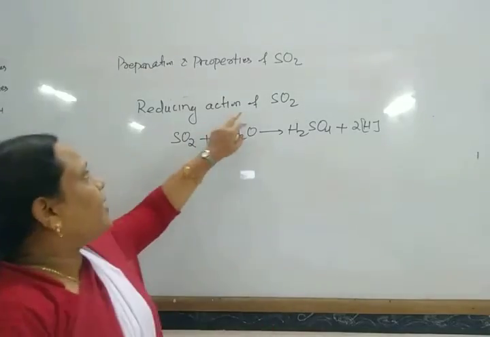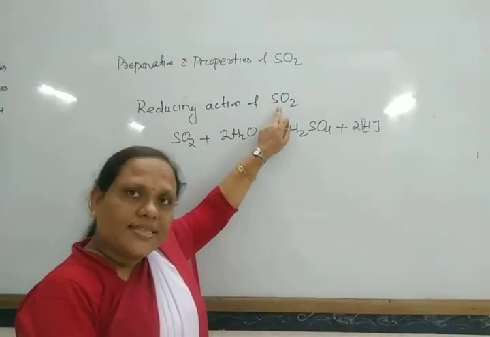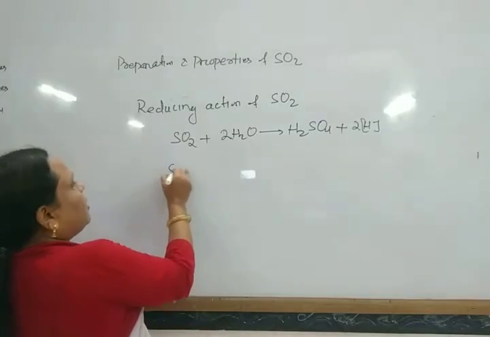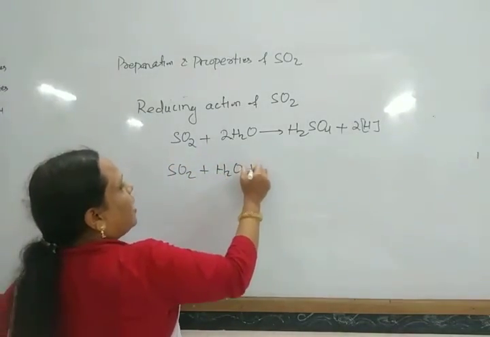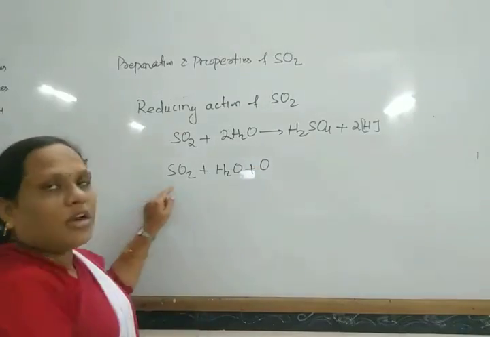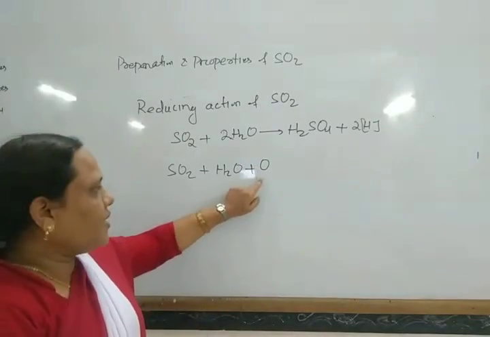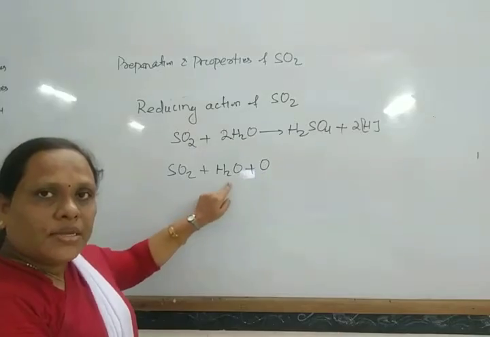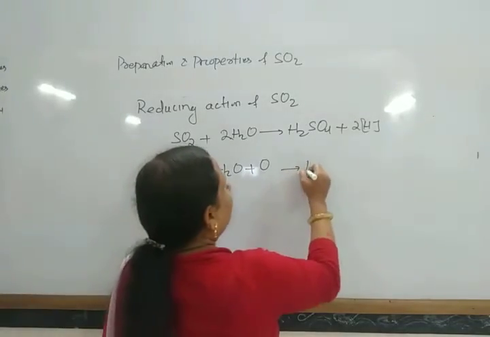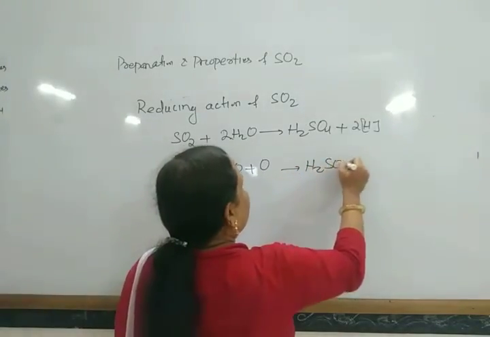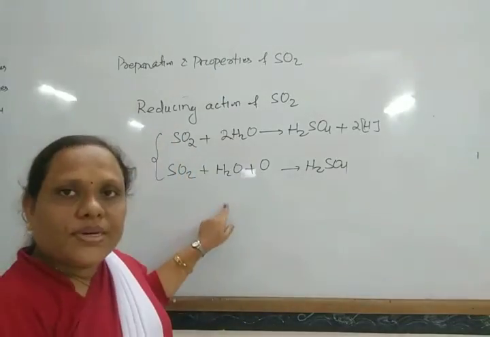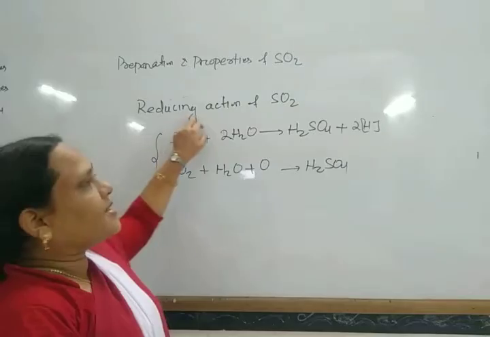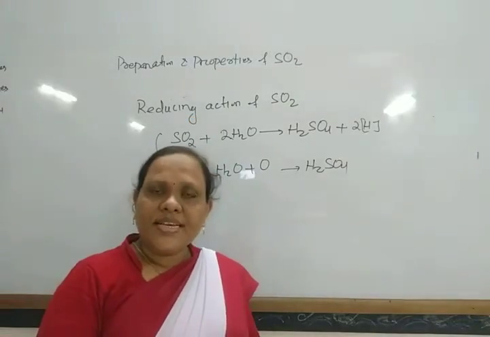In this way, it acts as a reducing agent. Similarly, sulfur dioxide gas also takes one oxygen atom in the presence of moisture to form H2SO4. So, due to these two types of properties, sulfur dioxide acts as a reducing agent.